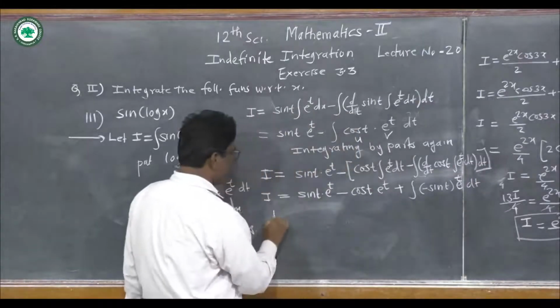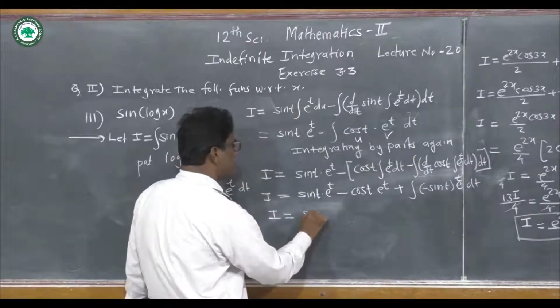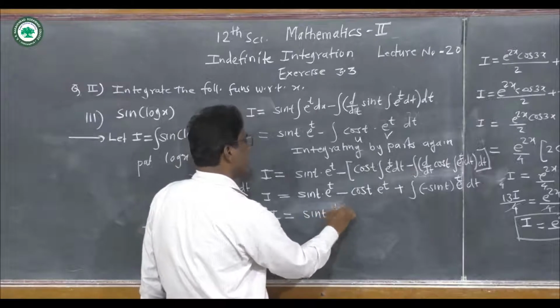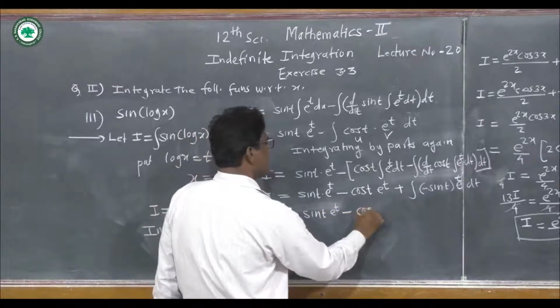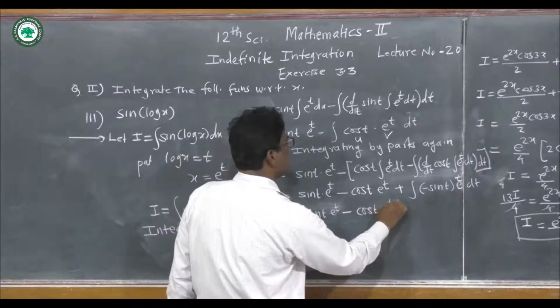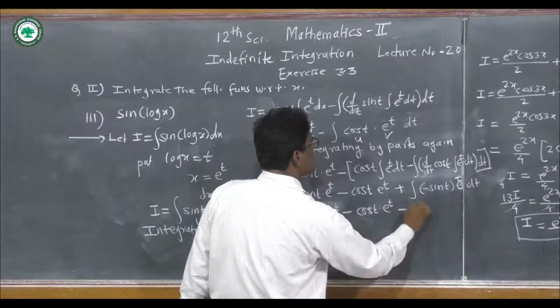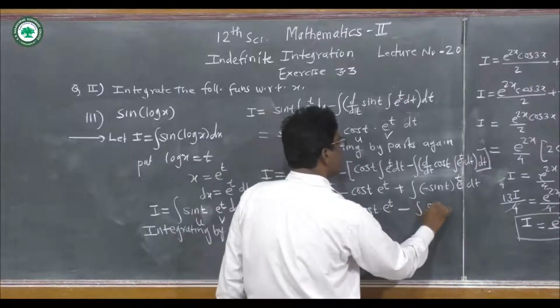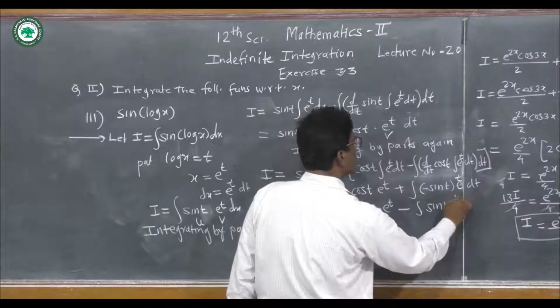And so we get I is equal to sin of t e to the power t minus cos of t e to the power t, plus and minus become minus integration of sin t e to the power t dt.